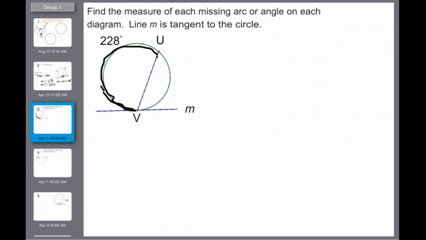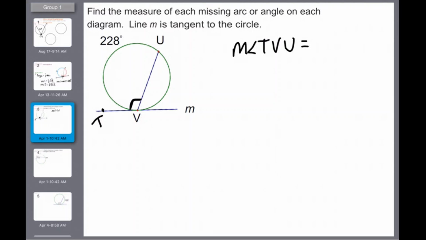So there are a few different ways that we can go about solving this diagram. Since we know this large arc here, we are going to know our angle down here. So I'm going to add, let's say, T here, so that we can do our measurement of angle TVU, and we know exactly which angle we're talking about.